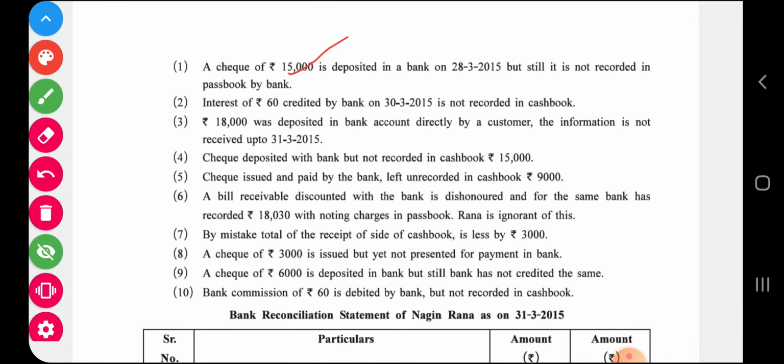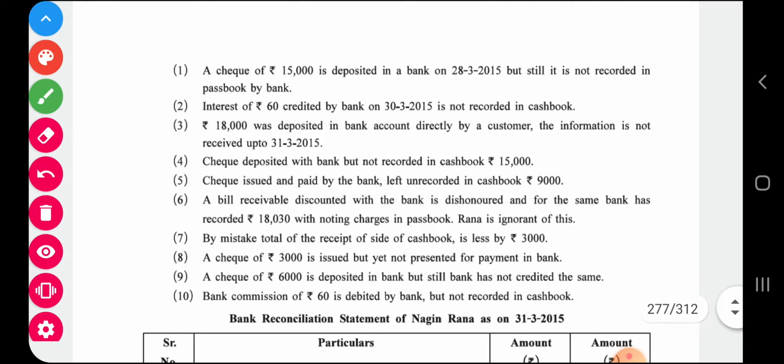So if you want to prepare a BRS, we have to credit this 1500 rupees. Okay, look at the solution of illustration 4, and it will say check deposited in bank but not credited. So we have to credit 1500. Simple reason: if a transaction is not recorded in passbook on credit side, we have to credit it. If it is not recorded in passbook on debit side, we have to debit it, and vice versa for cash book.